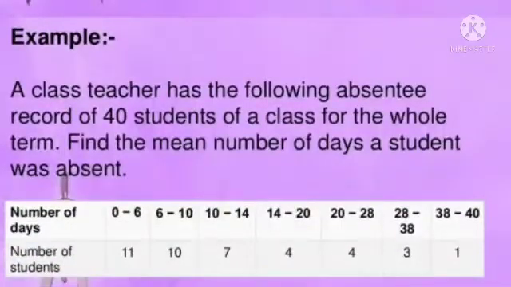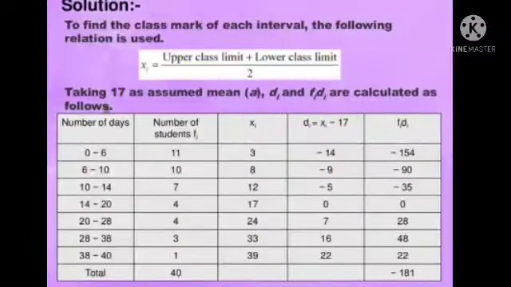Example. A class teacher has the following absentee record of 40 students of a class for the whole term. Find the number of days a student was absent. Below is a table shown. Solution.